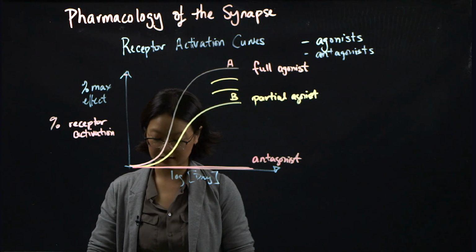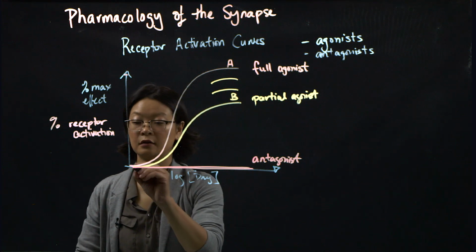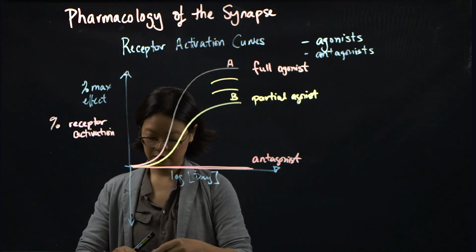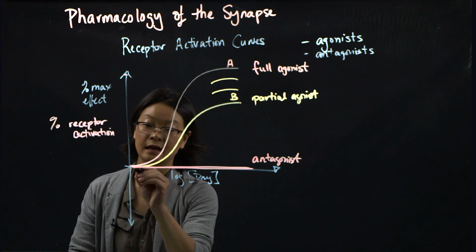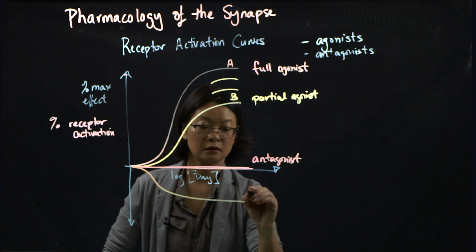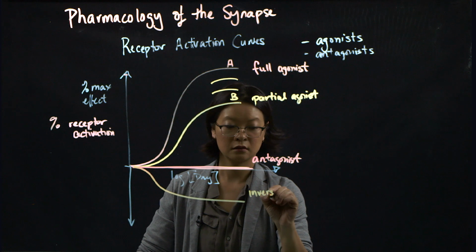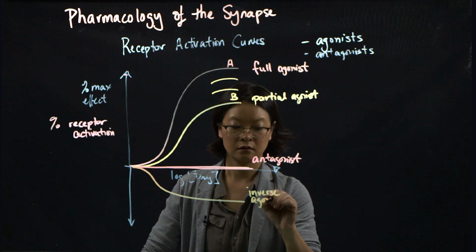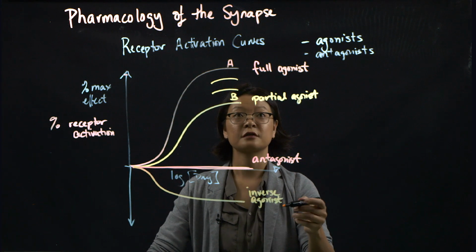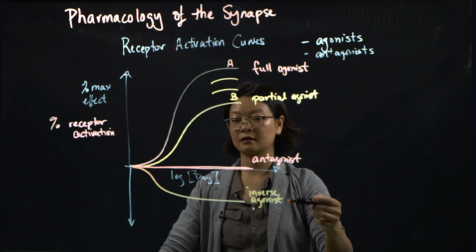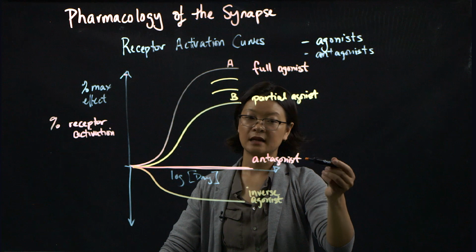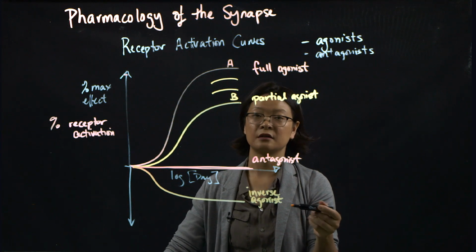And this is in contrast to another concept of an inverse agonist. So an inverse agonist differs from a partial agonist and full agonist in that it causes the opposite effect. It also differs from an antagonist because it actually does cause an effect.